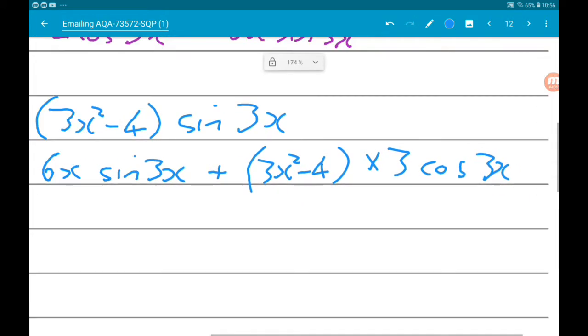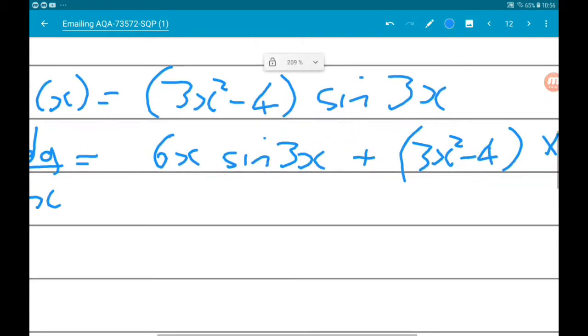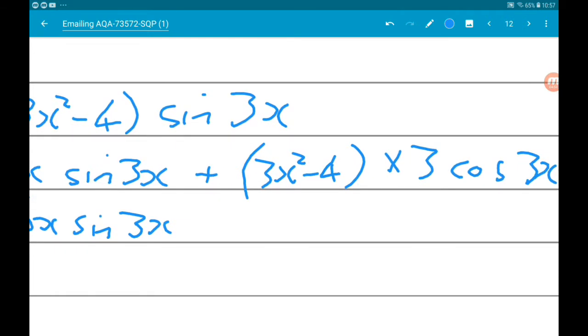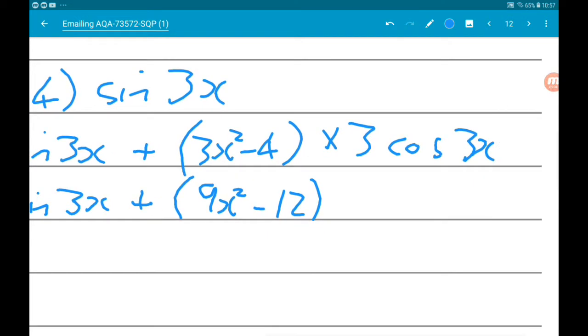So let's write that as 6x sine of 3x, and let's add 3. In fact, let's put the 3 inside of that first bracket, so we get add 9x squared minus 12 cos of 3x.